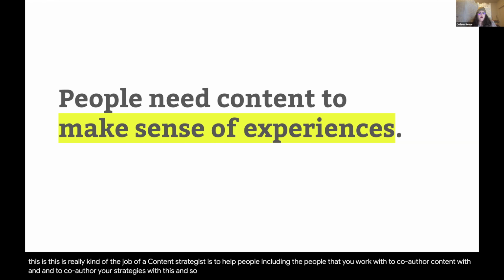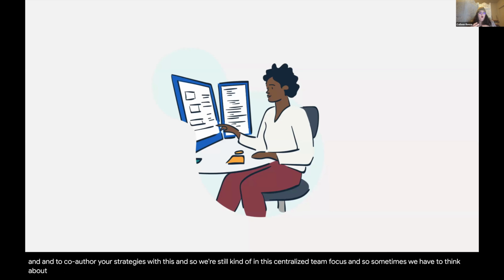And so we're still in this centralized team focus. And so sometimes we have to think about what the role of traditionally centralized teams is going to be when we know that content is increasingly going to have to be distributed across many different experiences.